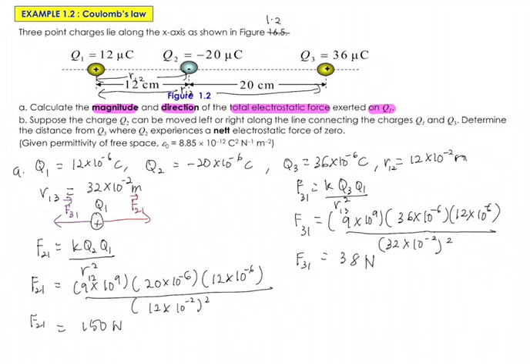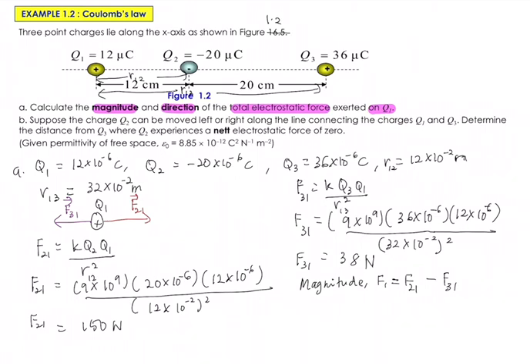Next step is to find the total electrostatic force. How do you find the magnitude? Because F21 and F31 are in opposite directions, the magnitude of F1 is F21 minus F31, because F21 is to the right and F31 is to the left.